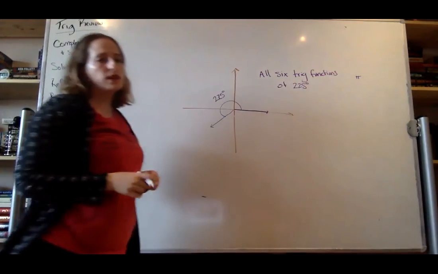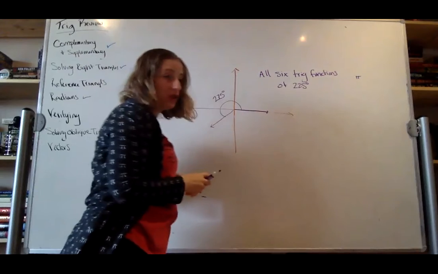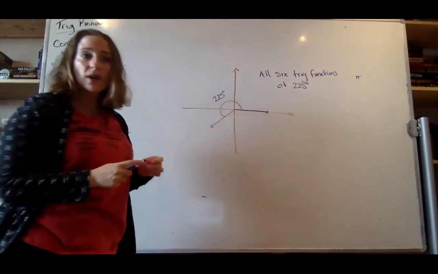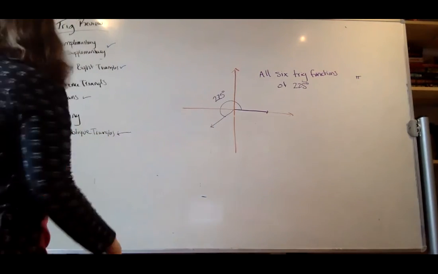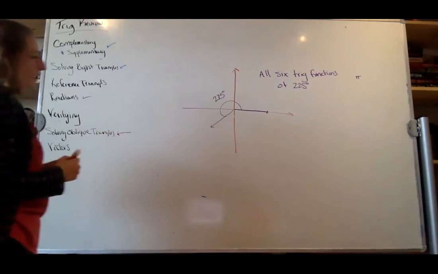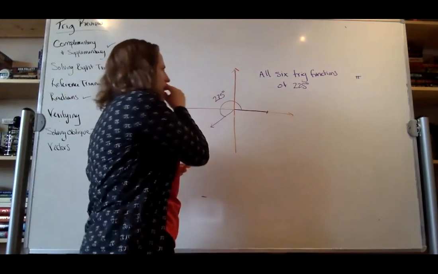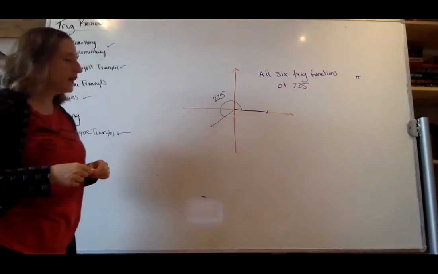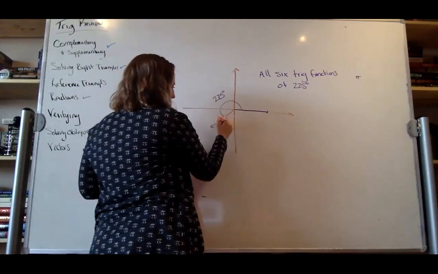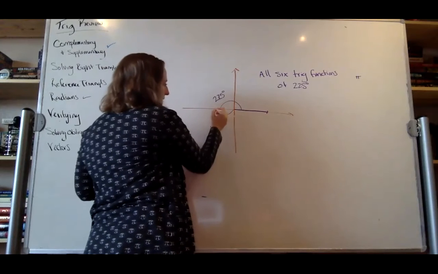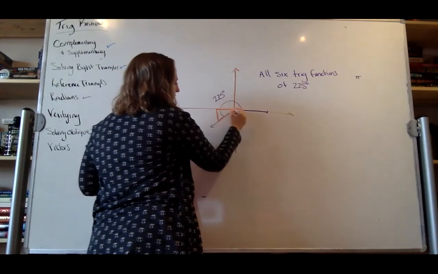Now, one thing you could do at this point is you could go to your unit circle, because I'm pretty sure 225 is on your unit circle. But before we develop that unit circle, what we use is the idea of a reference triangle. So a reference triangle says, wherever your measure is, I'm going to drop a triangle back to the x-axis, and this is going to form my reference triangle.